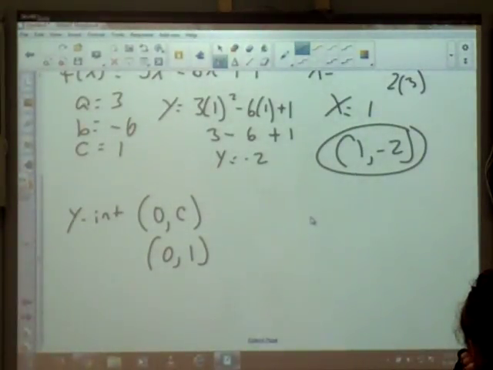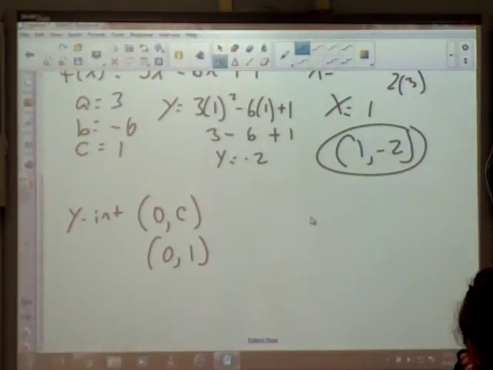Now this is pretty cool. If I go over 0 and up 1, my parabola's got to hit that point, right? If I am right there on the left side of my axis of symmetry, don't I have to be equidistant on the other side? So I don't even have to plug another point in.